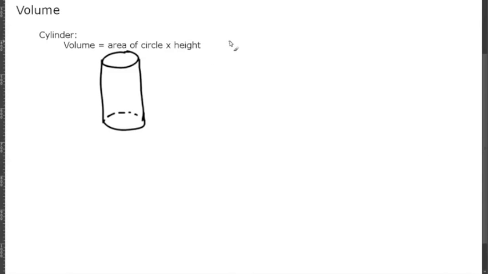So written as a formula, this is going to be V equals pi r squared, because that's the area of the circle, times the height, h. So the area of a circle would be the space in here, and the height would be this distance, h.